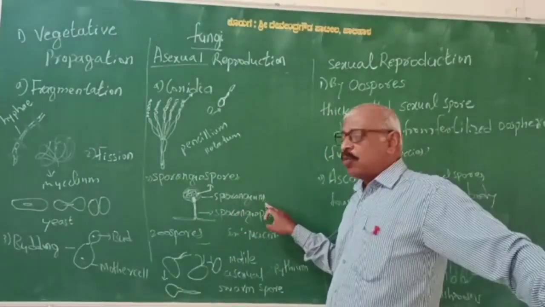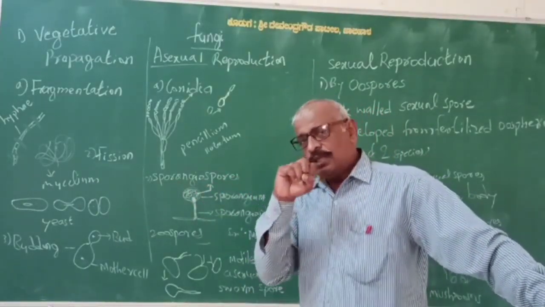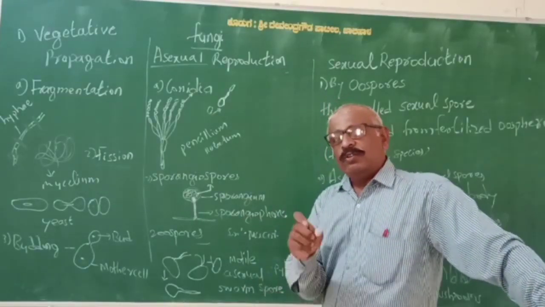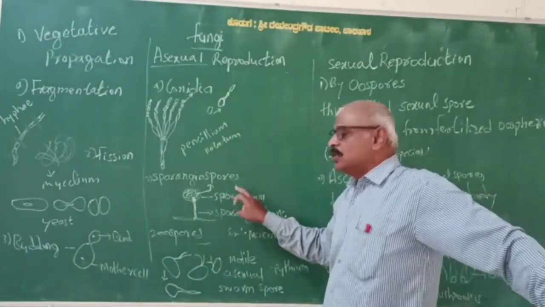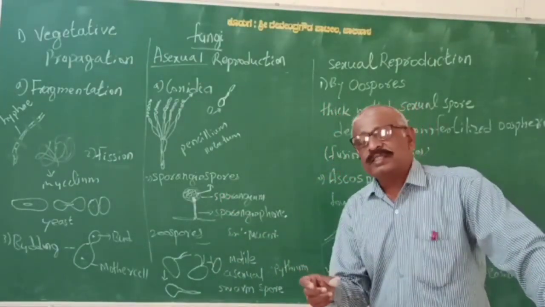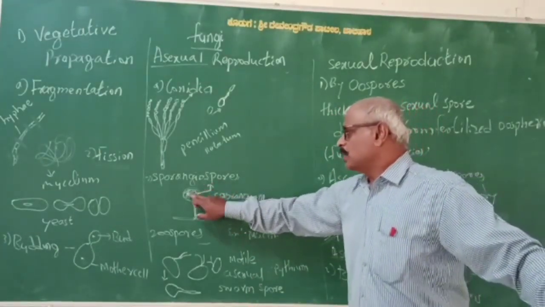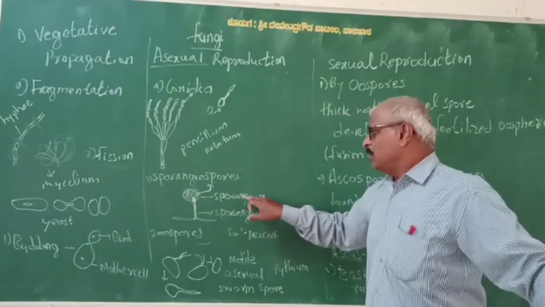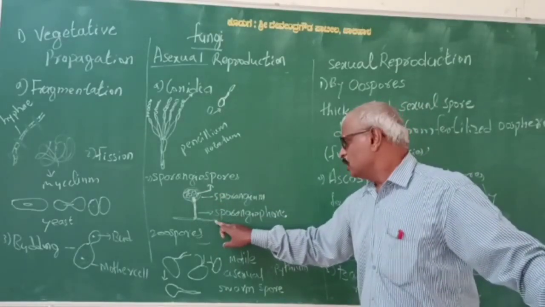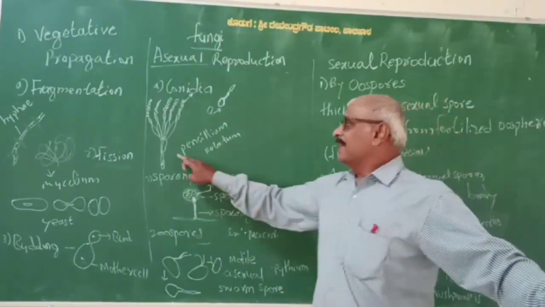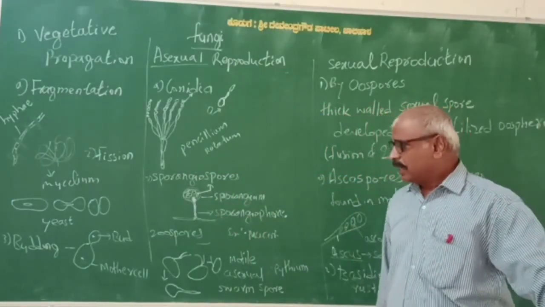This fruiting body, the sporangium, contains the sporangiospores. These are also unicellular microscopic structures, and each sporangiospore has the capacity of developing into a new organism. The sporangiospores are within the body. The body itself is the sporangium, and the supporting structure is called the sporangiophore, like the conidiophore.